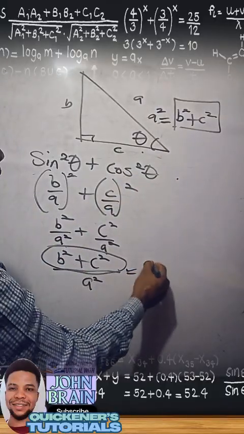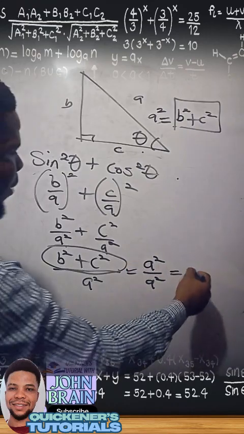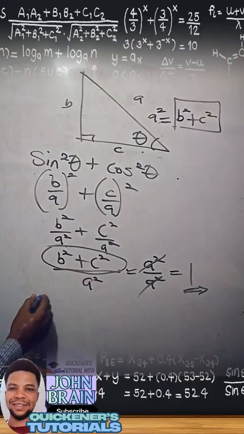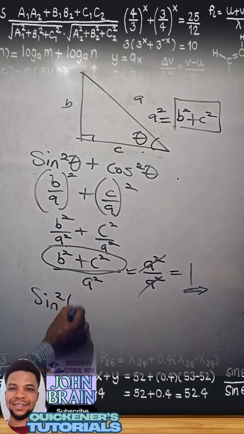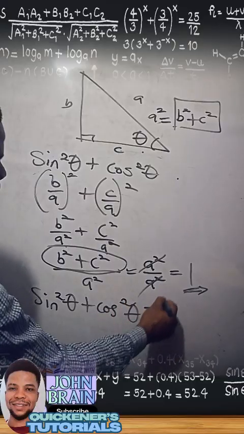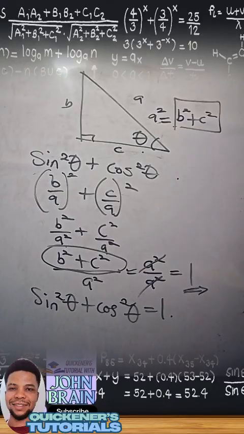Therefore we have A square over A square. When you cancel them, you have 1. So this implies that sine squared theta plus cos squared theta is the same thing as 1. That is a fact and that is a ratio. Did you get that? Alright, so now let's express the other trigonometric ratios.